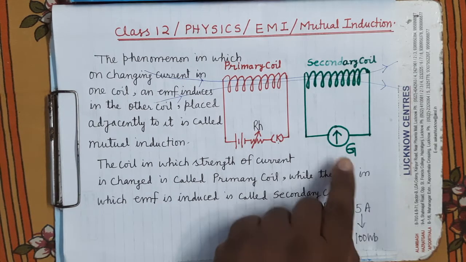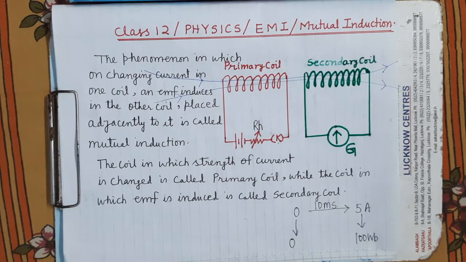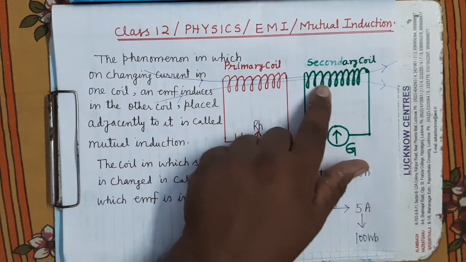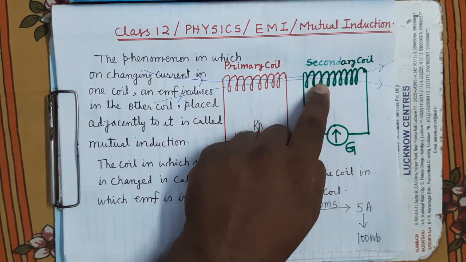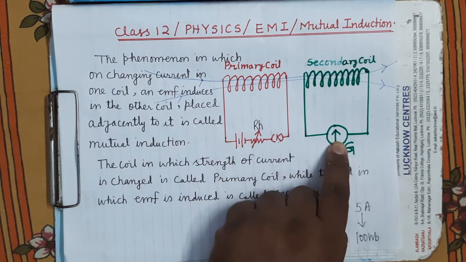You will find that the galvanometer now shows deflection in the opposite direction. That I will try to show you by some experiment, not during this class, but in some other class. In that experiment you will see that when magnetic flux is increasing, the galvanometer shows deflection in one direction.